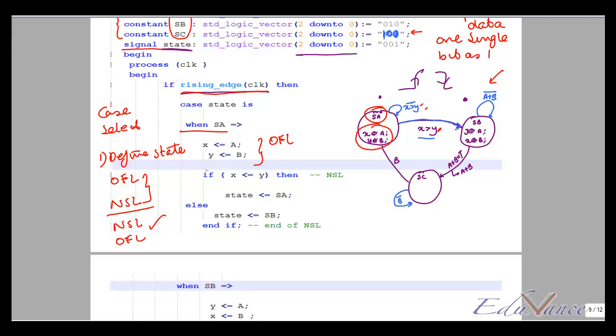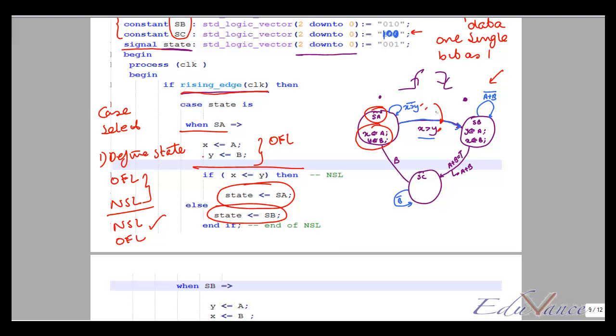So first I write my OFL, which is X gets A, Y gets B. Then I define my NSL, which is if X is less than or equal to Y, which is the opposite of X greater than Y, I come to state A, else I stay in state B.